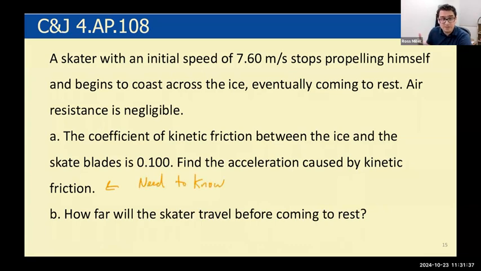It turns out after tons of experiments, we know that kinetic friction for this level, like we're not talking road tires on road level of detail, has a coefficient of friction. So the friction is equal to this coefficient number times the normal force.